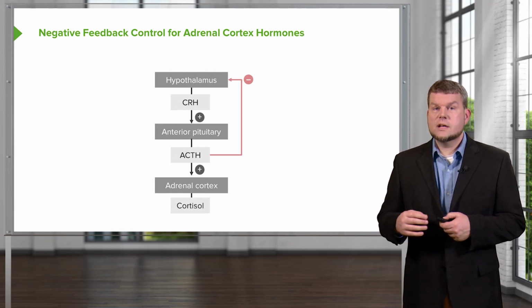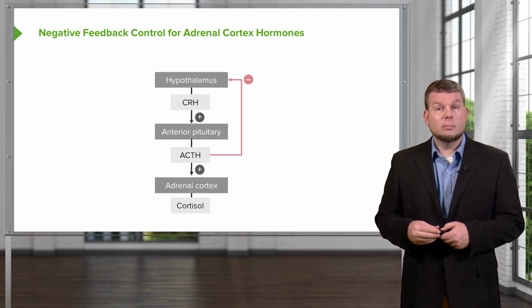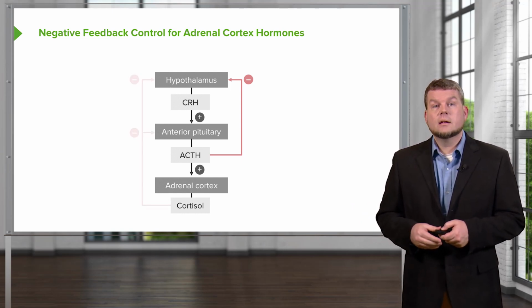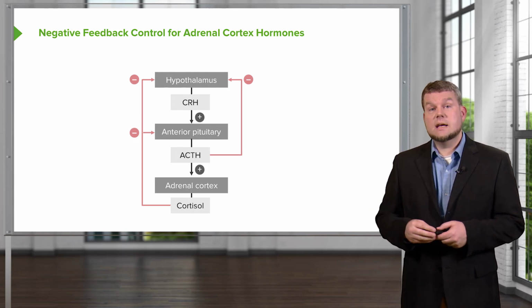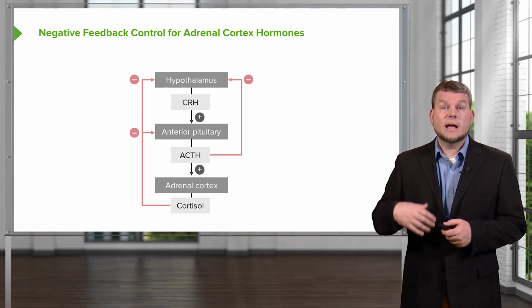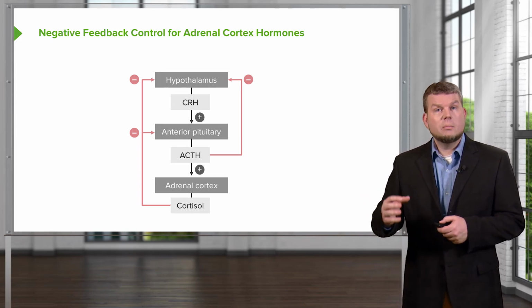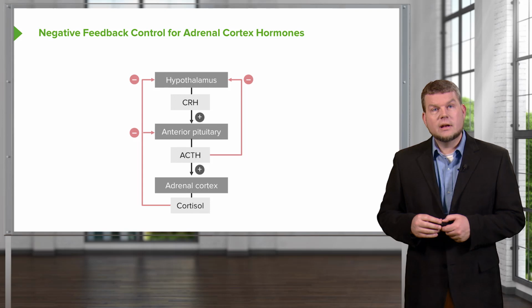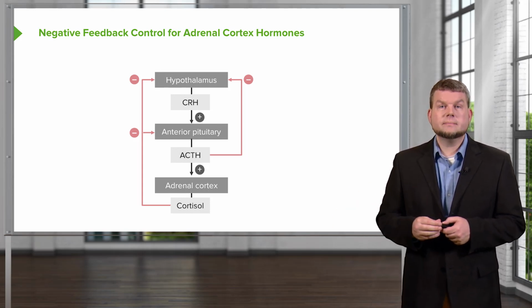The adrenal cortex hormones, such as cortisol, will also have negative feedback components. That will feed back both to the anterior pituitary to decrease ACTH, as well as CRH from the hypothalamus. So we have a multiple layered negative feedback system for adrenal cortex hormones.